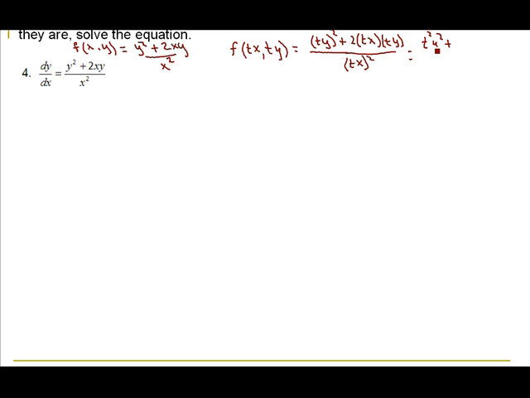And then simplifying this, I'm going to get t squared y squared plus 2, and here we get t times t, that gives you a t squared, and then x times y. In the denominator, tx squared gives you t squared x squared.